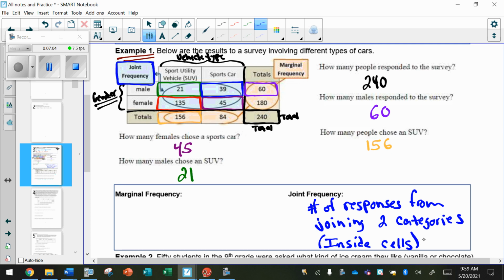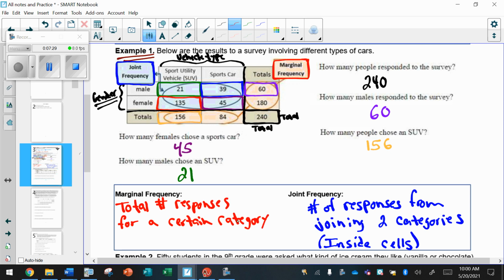Our marginal frequency, that's the one that was out here, that's the frequency or how many totals for each category. That's outside the table, the outside row along the bottom and column along the side.